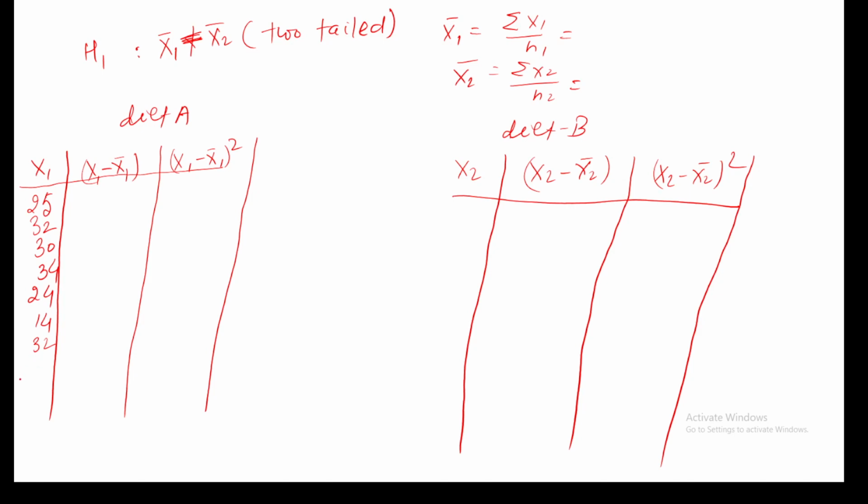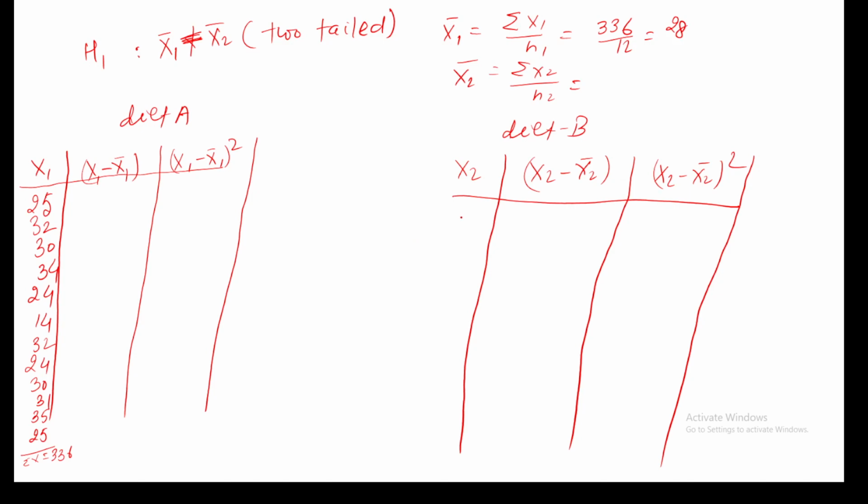Okay, 32, and 24, 30, 31, 35, 25. Calculate sigma x. It will come somewhere 336. Is it correct now? Yes, sir. 336 by 12, it will come somewhere 28.